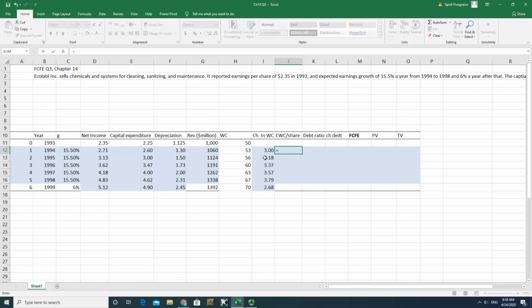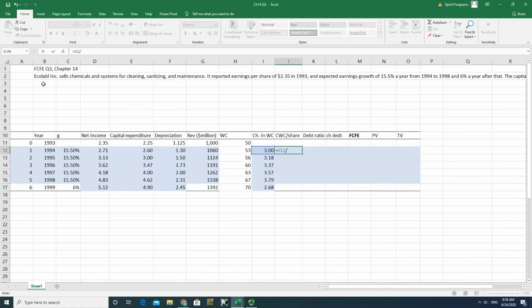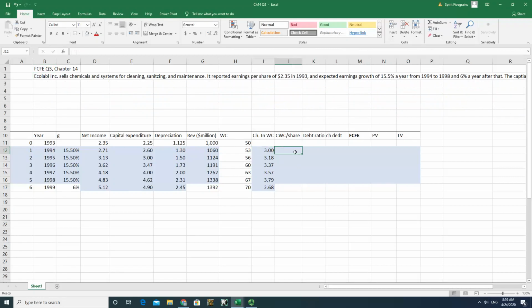This is 3 million divided by the total number of shares outstanding, which in this case is 63 million. Divide the change in working capital by 63 million, both in millions of US dollars. So here you get change in working capital per share.